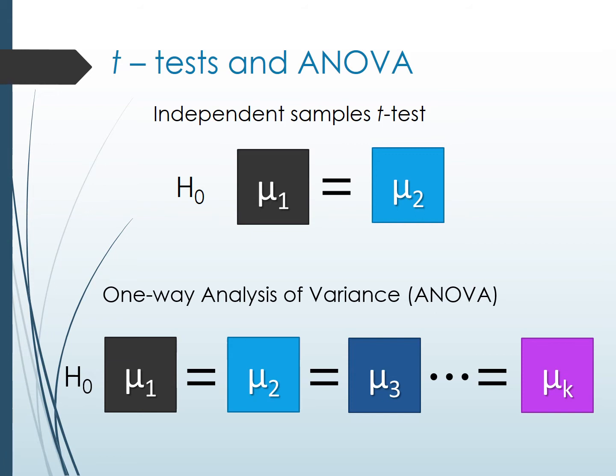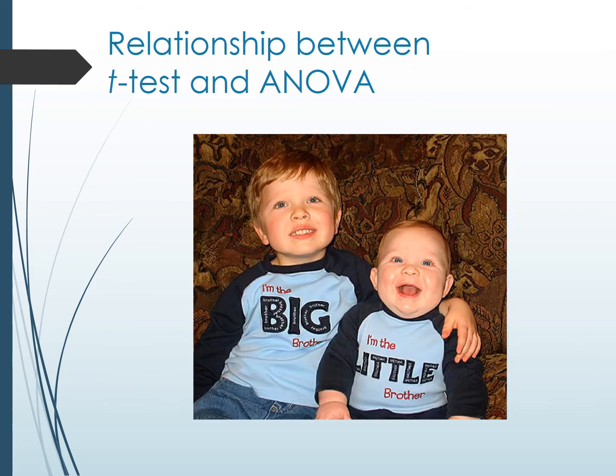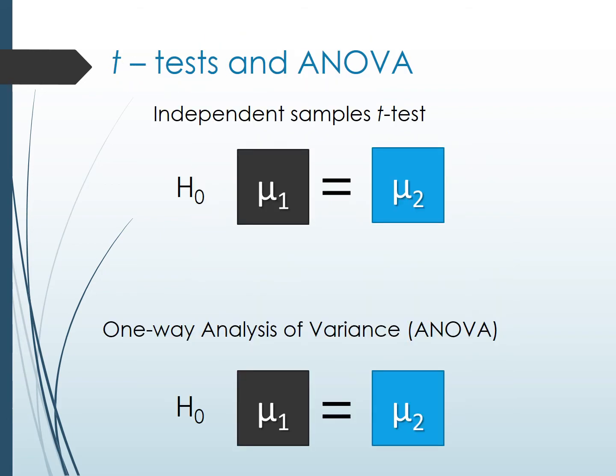By convention, we use K to represent the total number of groups subjected to analysis. We can think of the ANOVA as being the big brother to the t-test. With the t-test, you can compare the means of only two groups, but with ANOVA, you can compare the means of more than two groups. In fact, the outcomes of the t-test are identical to a one-way ANOVA using two groups. You'll confirm this relationship as part of your assignment for Chapter 8.